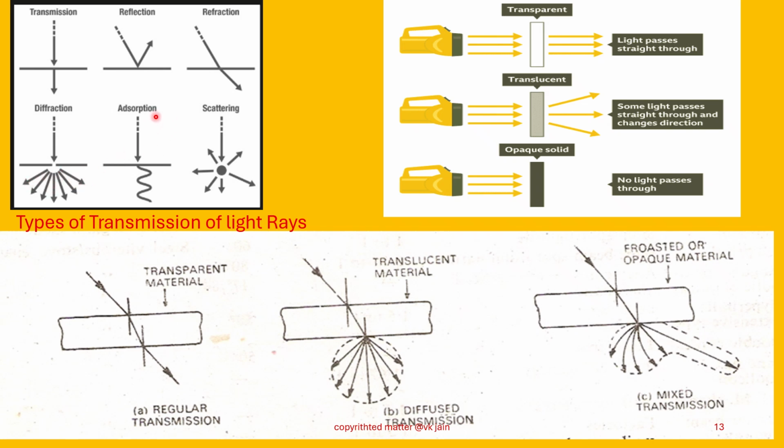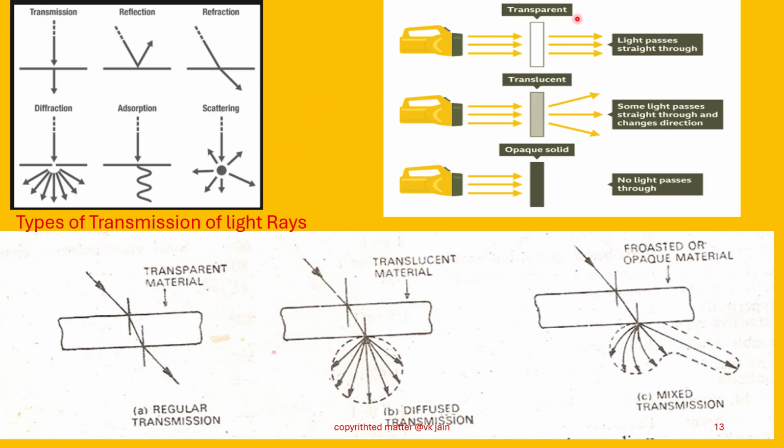Next is absorption, the property when the light comes and it is converted into heat. Scattering is when a light ray comes and it is scattered in all directions. This may happen on rough surfaces.